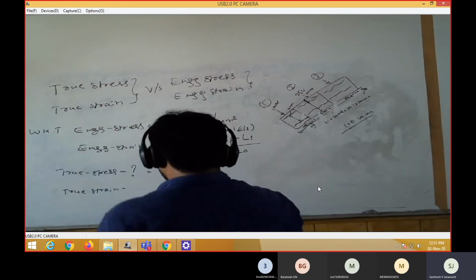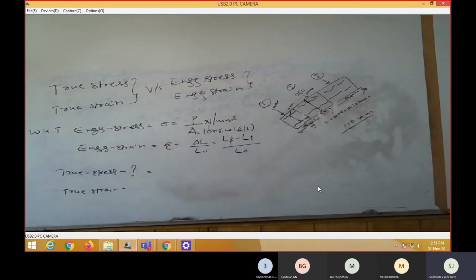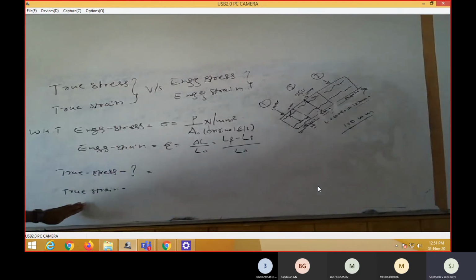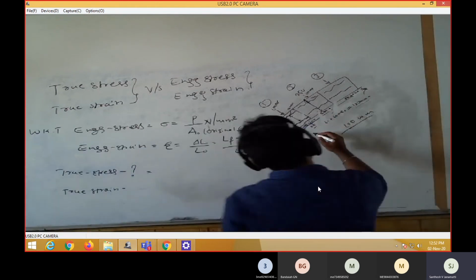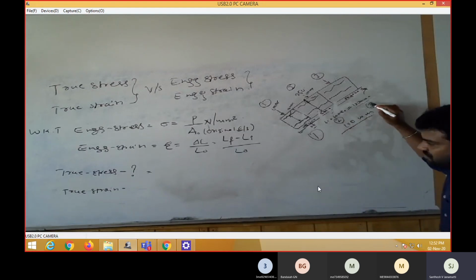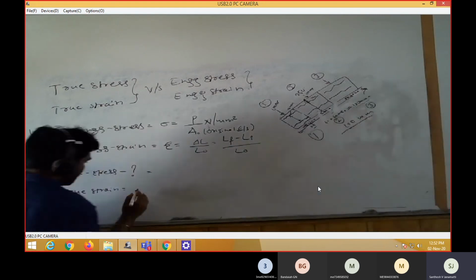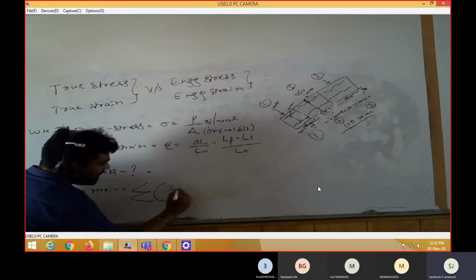Similarly, I will take the strain values like this. These are all instantaneous strains: instantaneous strain 1, instantaneous strain 2, instantaneous strain 3. Now I will write the summation of the change in length.